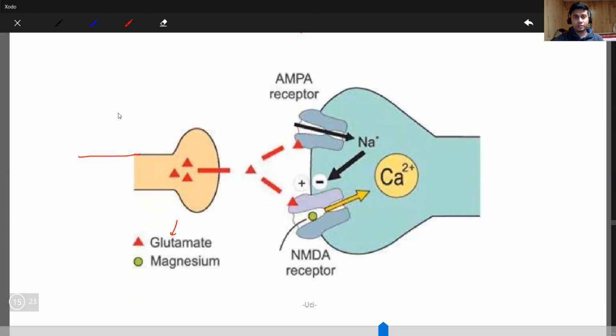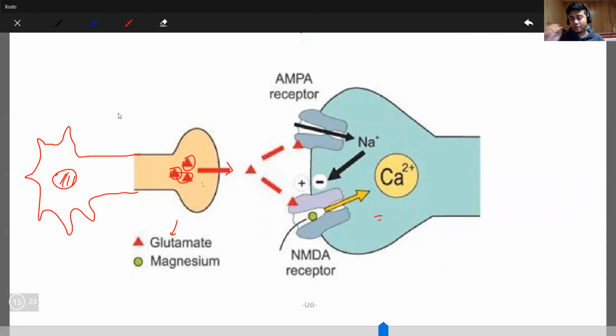If I draw the whole nerve here, you can understand that this is a neuron and this is a nerve ending, and glutamate is getting released here. Glutamate can bind to another nerve in the synaptic junction. Here, it stimulates two receptors: one is the AMPA receptor, and the other is the NMDA receptor.